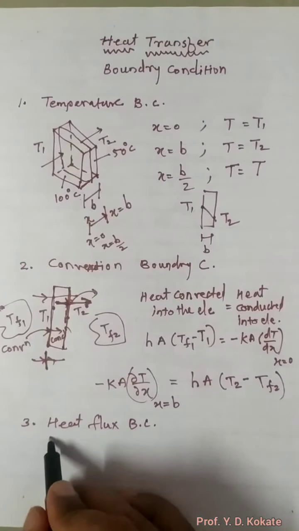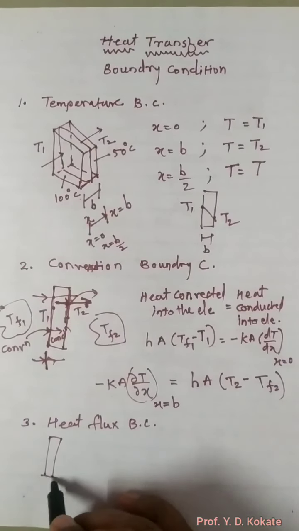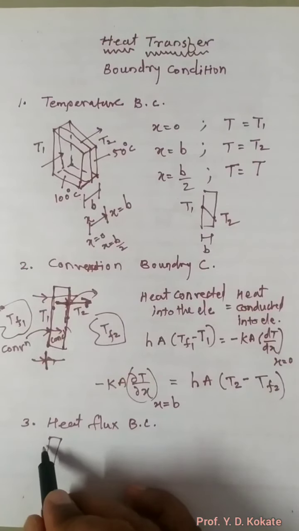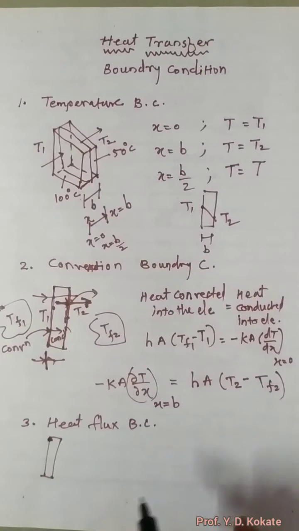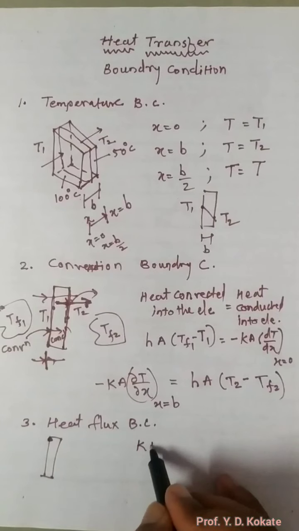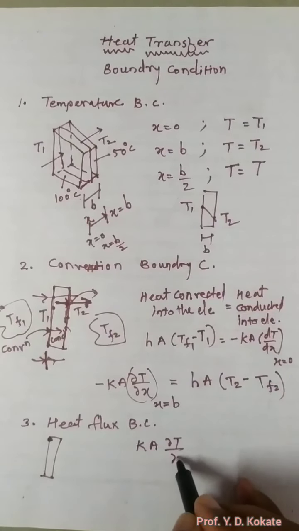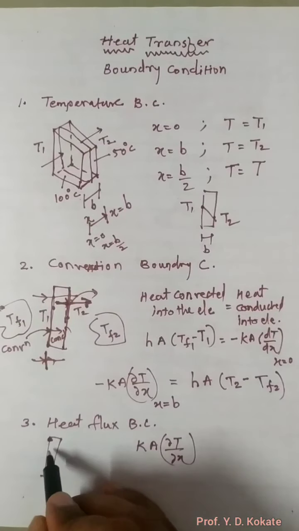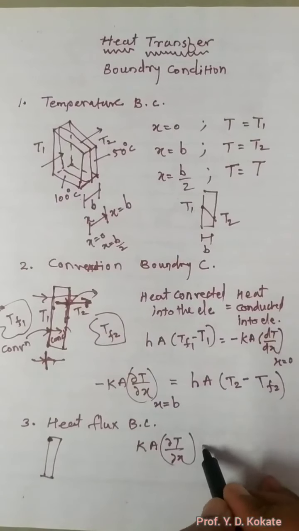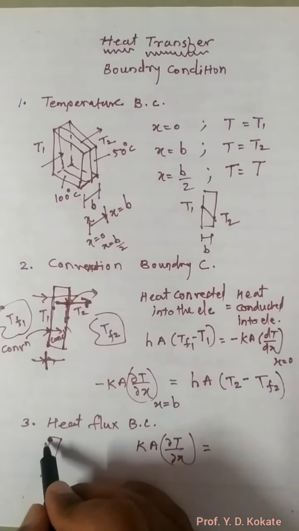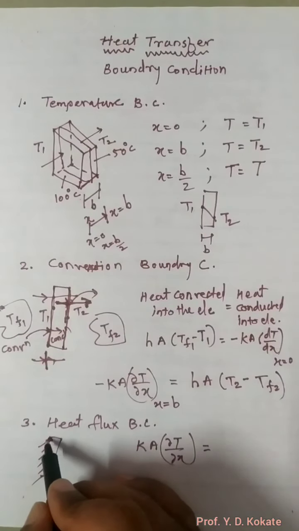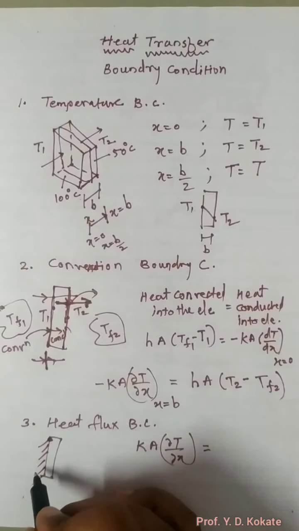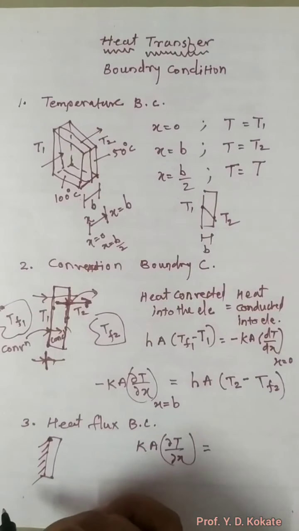According to the heat flux boundary condition, if I am taking this surface, the amount of heat transfer conducted into the element I can write as minus KA dT by dx. From here the amount of conduction we can calculate. But if I say this surface is insulated, insulation is provided, and if it is ideal, that means there will be no heat transfer.